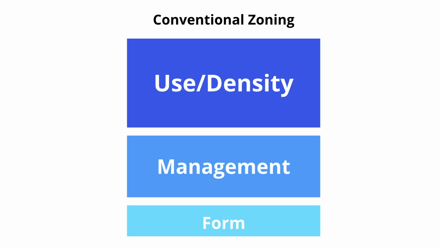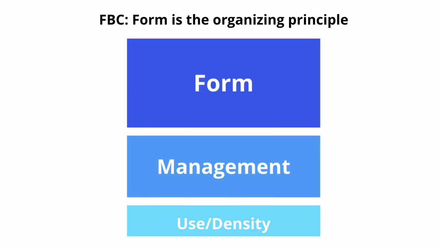And then way down in the corner, a little bit about form, usually just as an after effect of things like regulating setbacks to push buildings behind a certain theoretical line. Now, when we make a form-based code, we turn this around and we say the form comes first. This is the organizing principle. It has the most attention in the code, while management and land use are still there and still important.